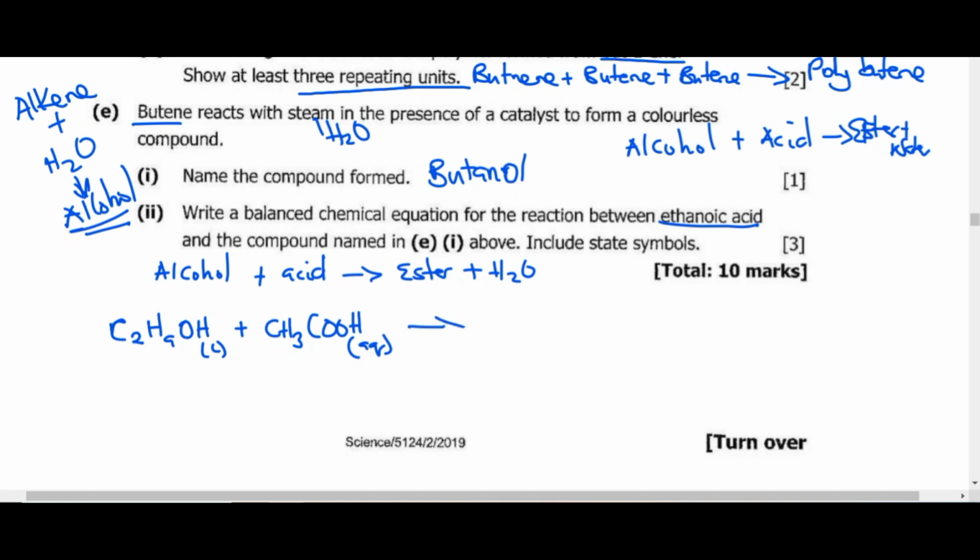And then what else will be produced? An ester will be produced, and then plus water. Here it is liquid, and here do we have the state there? So this is the answer which was needed for the question which was given.